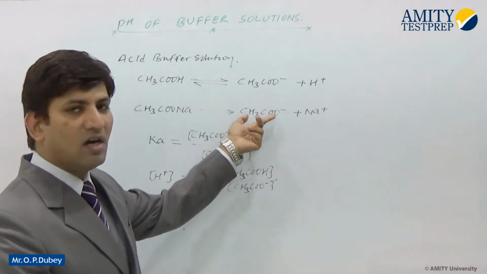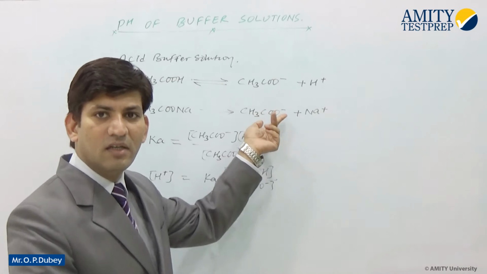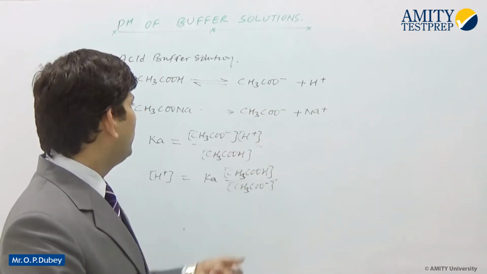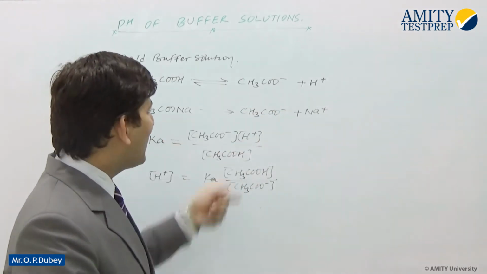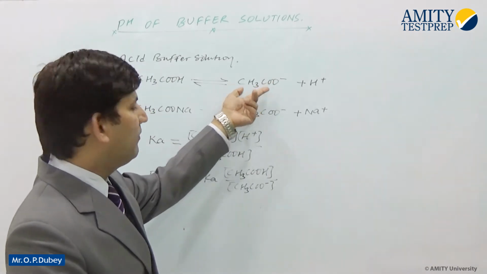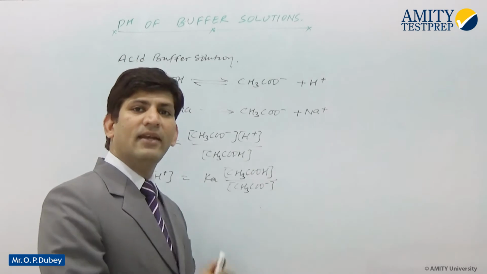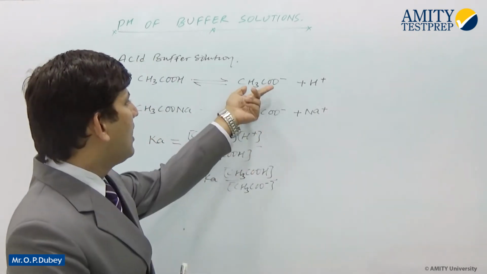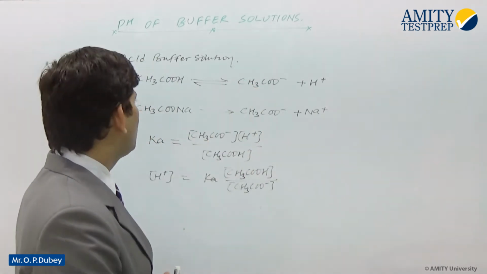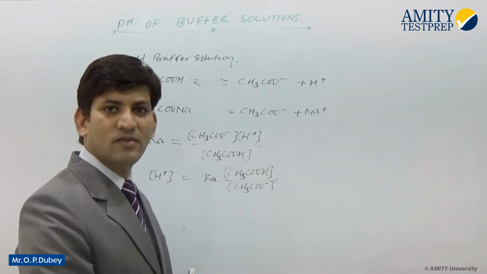The concentration of acetate ion in the solution is much more because of the sodium acetate as compared to the acetate ion given by the acetic acid. That means we can easily neglect the concentration of acetate ion produced by the acetic acid, which is a weak acid.